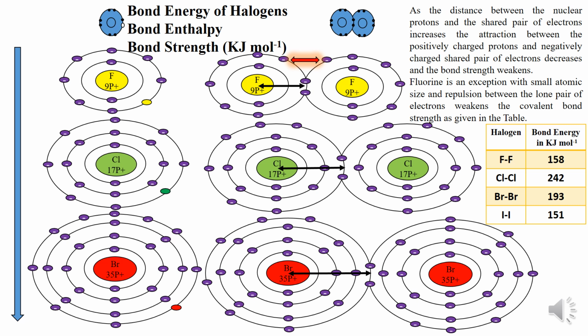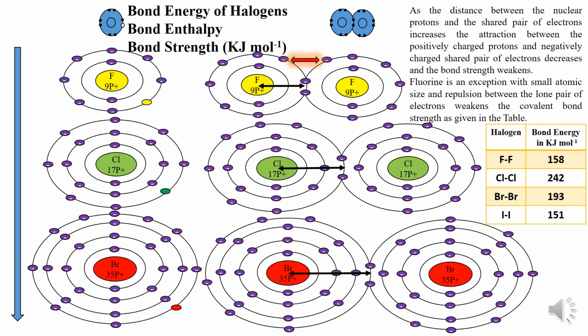The first type participates in the bond formation, which is called the bonding pair, and the rest of the electrons in the outermost shell are referred to as the non-bonding electrons or the lone pairs. So bonding pair is the one that participates in the covalent bond formation between halogen atoms, and lone pairs are those that do not participate in the bond formation.